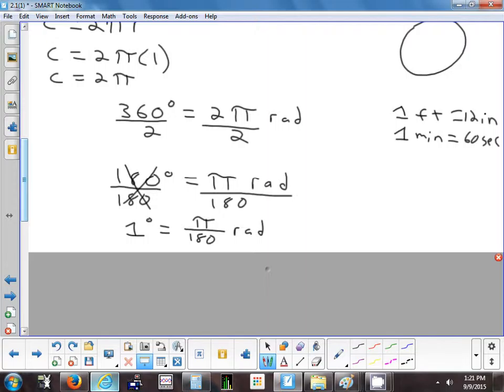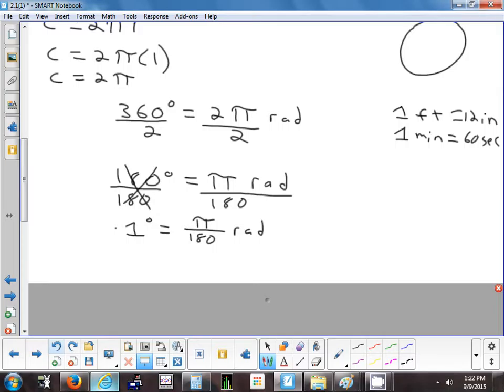If I wanted to know how many radians in 2 degrees, simple: times 2. Now in 2 degrees, I could do that calculation on my calculator. If I wanted to know how many radians in 5 degrees? Times 5. Okay, this pi over 180 is very important. All you have to do is multiply that by whatever you're trying to convert.